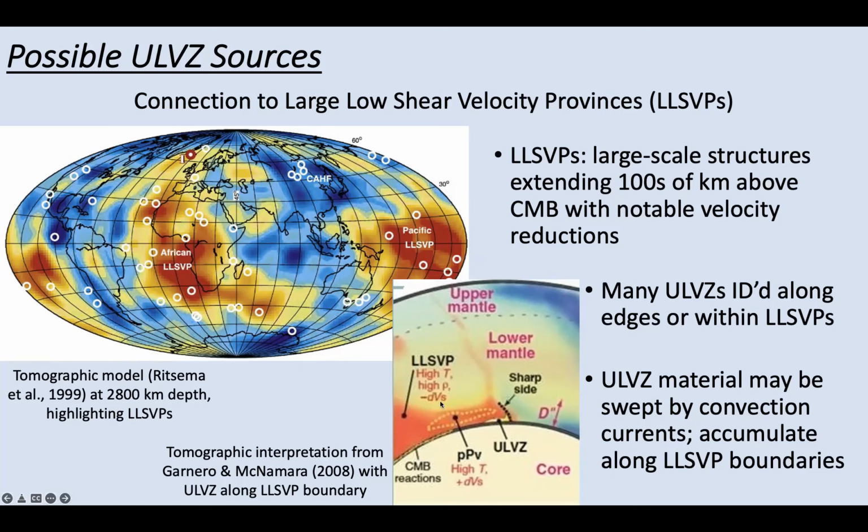And so the concept here is that you have this distinct ULVZ material that's swept by convection currents through the mantle, moving it towards these large scale anomalies, these big upwellings, and that the ULVZs then accumulate along the boundaries of the LLSVPs.